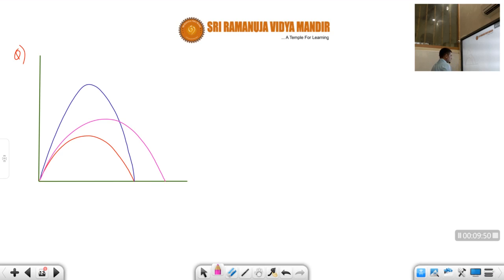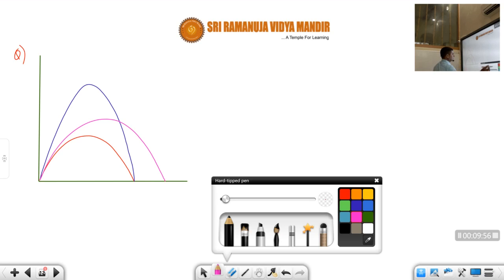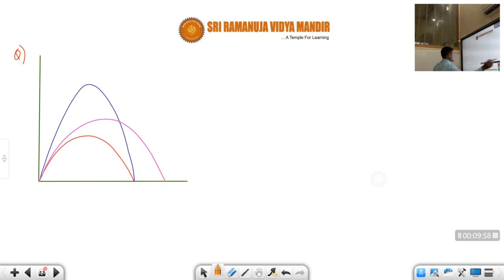They gave like this. So this is projected at 30 degrees, this is projected at 45 degrees, and this is projected at 60 degrees.